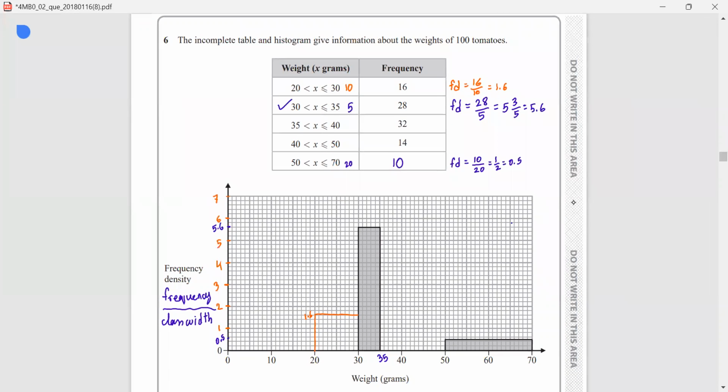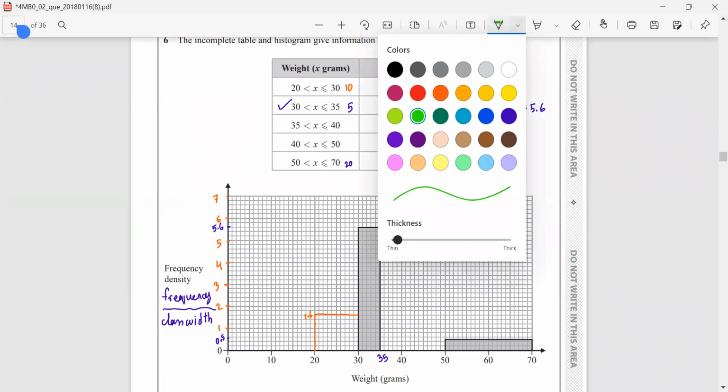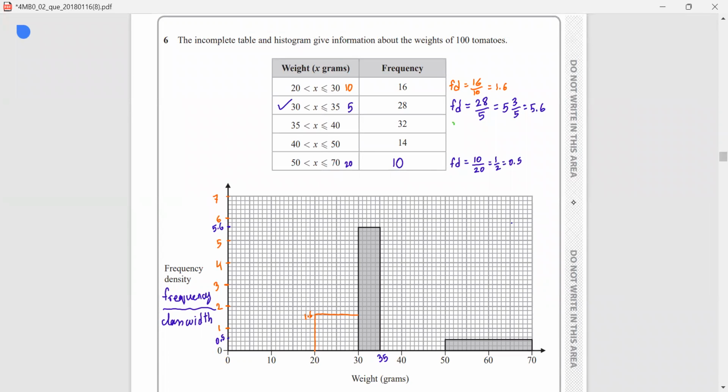For the third row, we can find out frequency density equals 32 divided by class width 5. 32 divided by 5, 6 whole 2 by 5 or 6.4.